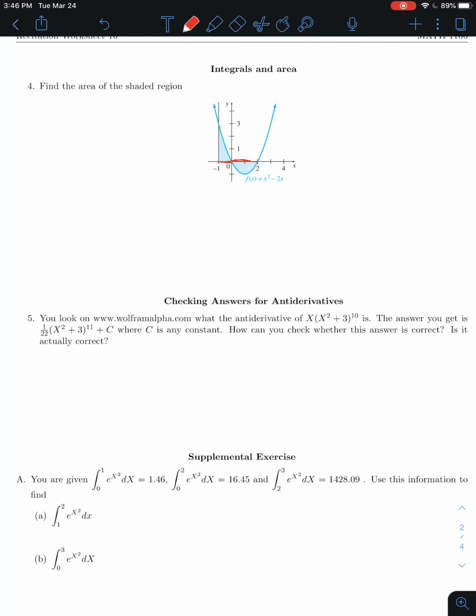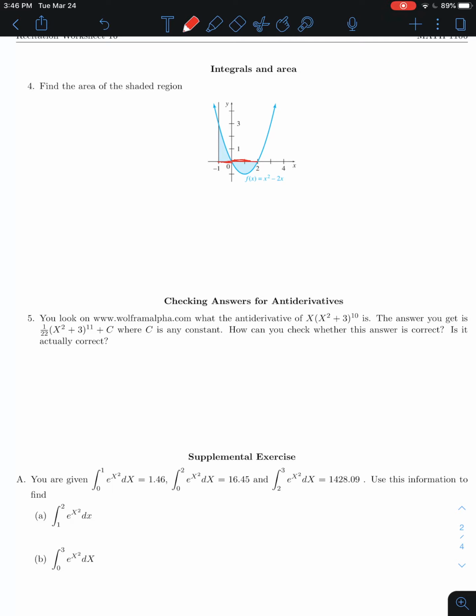And we know that integrals are telling us about areas between a function, in this case, this parabola f of x equals x squared minus 2x, and the x-axis. So here, we're going to want to write some integral expressions for this area, and then we can compute the integrals just like we did in question 3 to figure out the area.